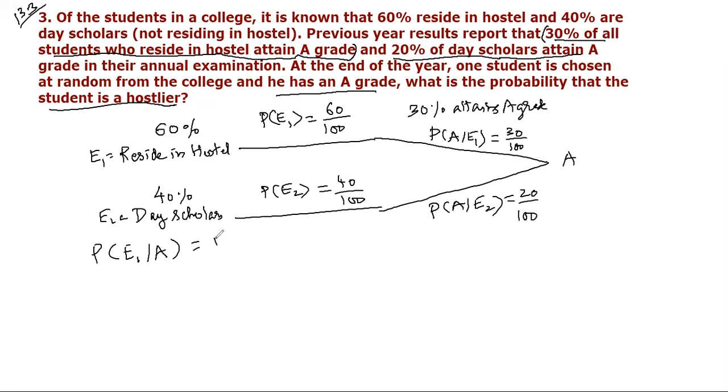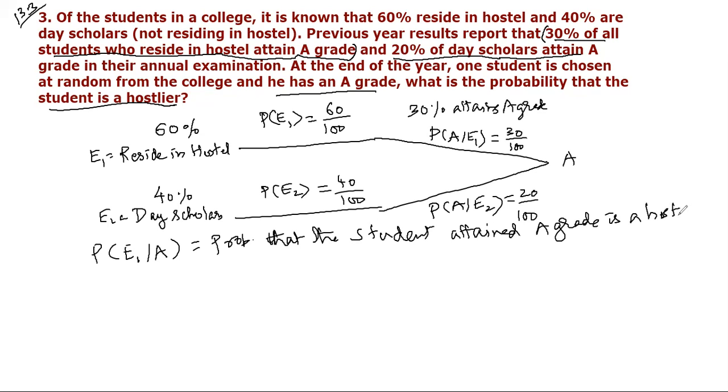That means we have to find the probability that the student who attains A grade is a hosteler.